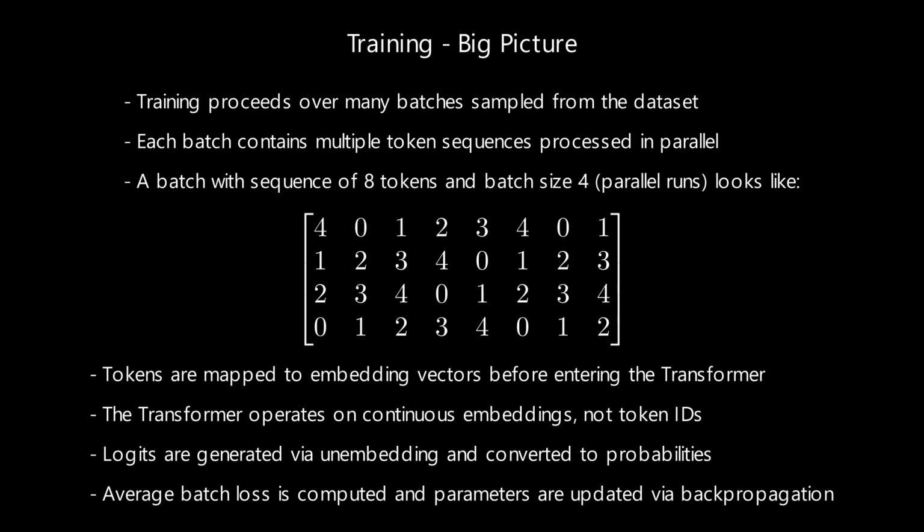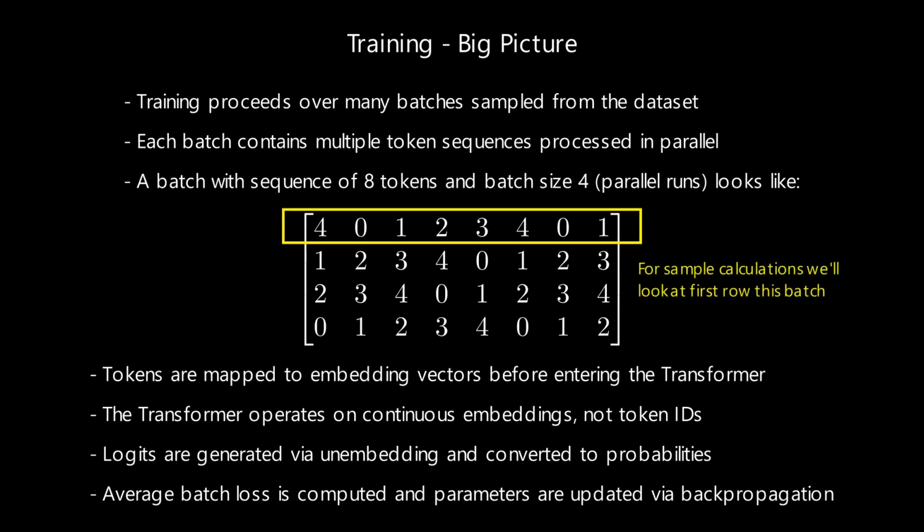At the end, we compute logits using an unembedding matrix, converting them into probabilities and then calculating the average batch loss. The model then updates its weights and biases using backpropagation. This process repeats many times. For now, let's focus on the first row of this batch for sample calculations.